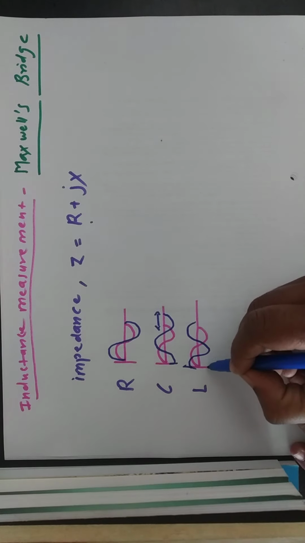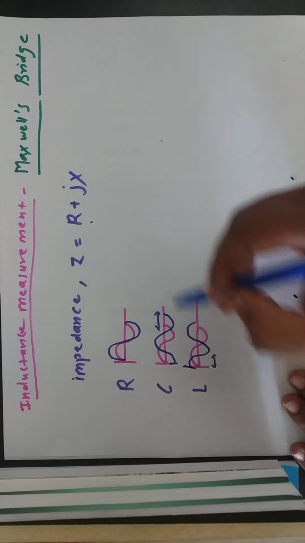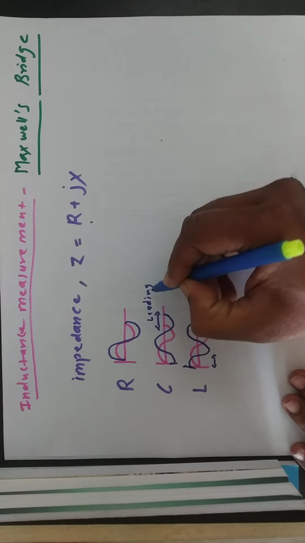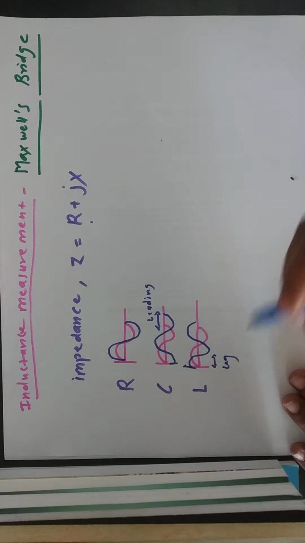So here you have this lagging and this leading. If the capacitive component is dominant in your network, the current leads by 90 degrees, whereas if the inductive component is dominant, the current lags by 90 degrees.